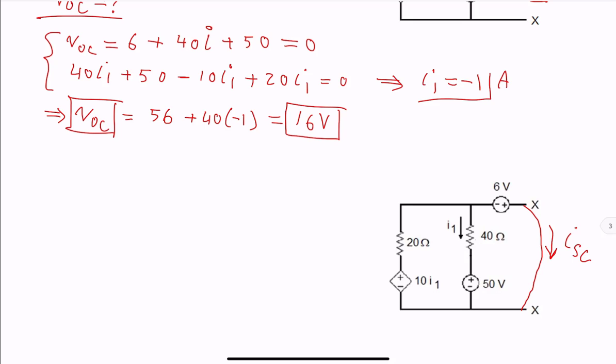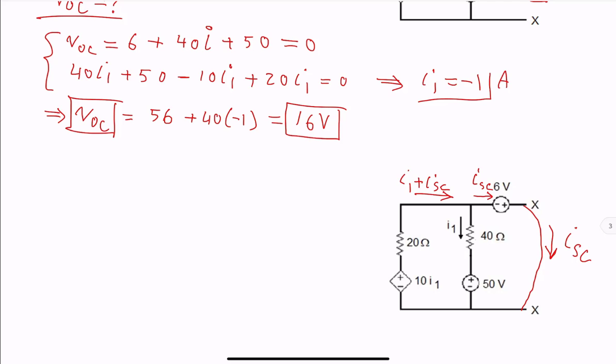So looking at the circuit, current here is ISC. Current on the top left portion from Kirchhoff's current law, we have I1 going down in the middle and I short circuit going to the right. So that's I1 plus ISC. We have the current everywhere.